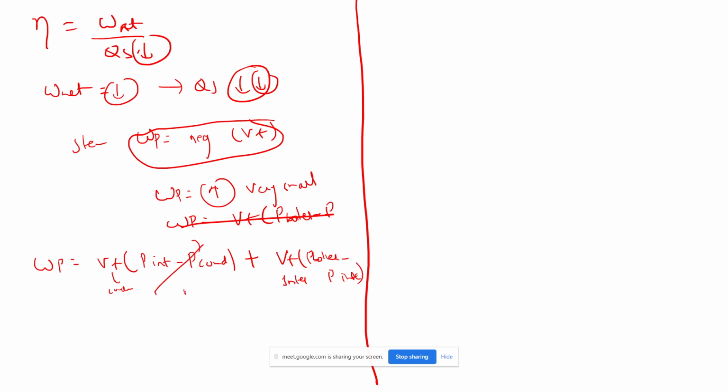Here we take the intermediate pressure, and there the condenser pressure. So this is almost negligible, around 2 to 3 kilojoule per kg, but this one will be a little higher, around 10 to 15.